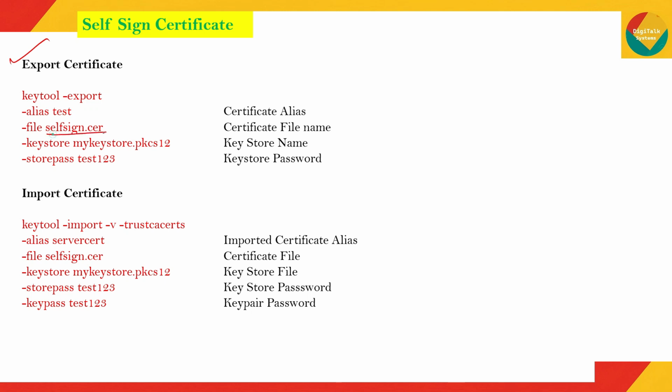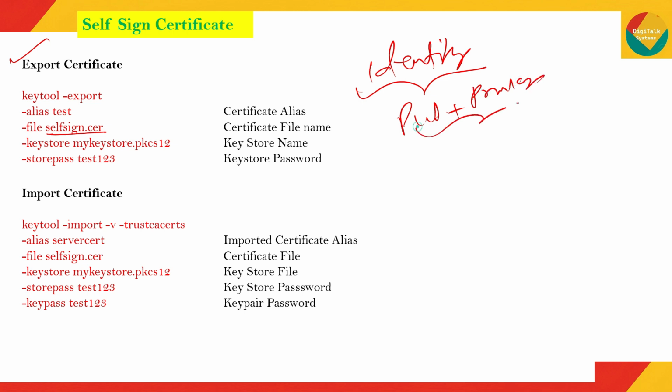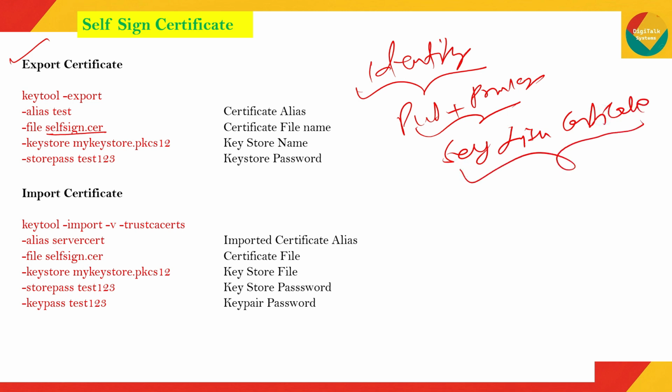When we created the identity store, it created the public and private key, and along with that it created the self-signed certificate as well, which we can utilize if we would like to configure our environment with the self-signed certificate. So for that we need to export our self-signed certificate. This is the command that we use to export it.